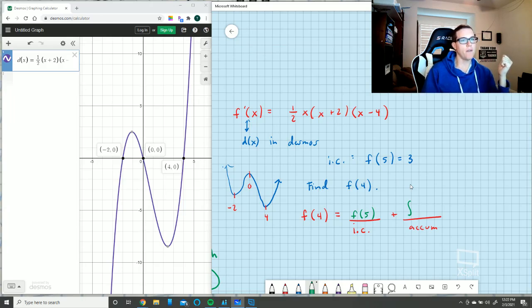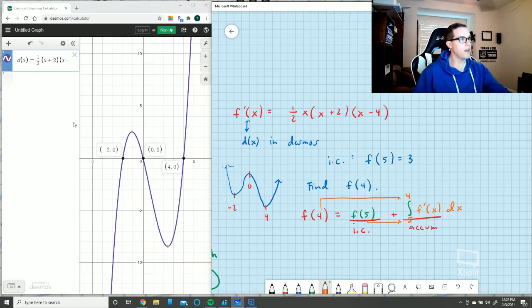That's why I'm very emphatic about saying initial condition plus accumulation. Where are we starting? We are starting at 5. Where are we getting? We're trying to get to 4. These bounds are backwards. Is that okay? Let's find out.